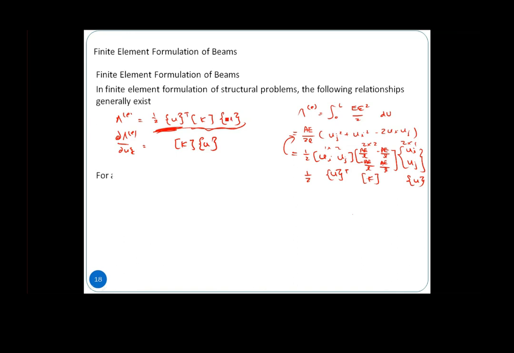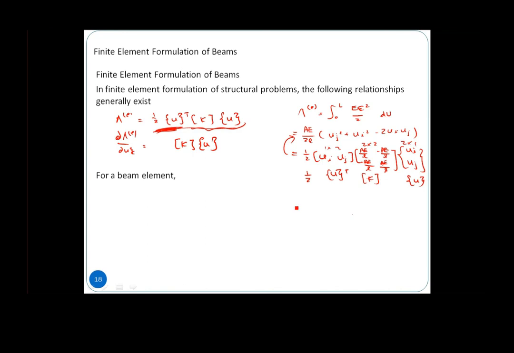For beam elements it is also the same. We have the element strain energy, which is EI over 2, integral from 0 to L of the d^T d dx.